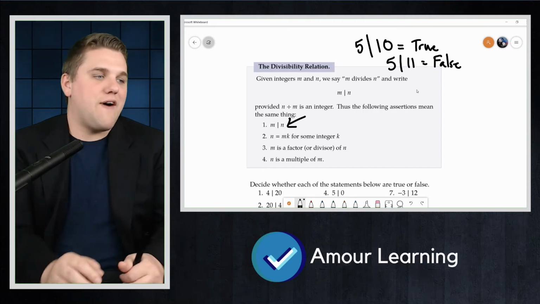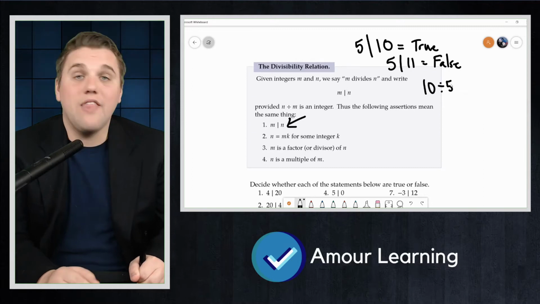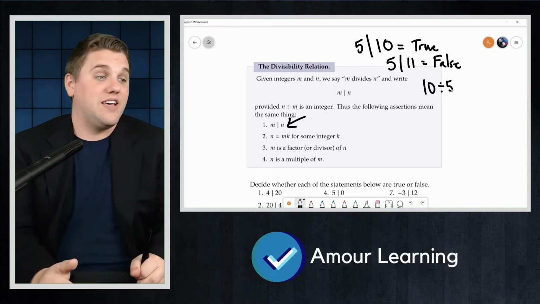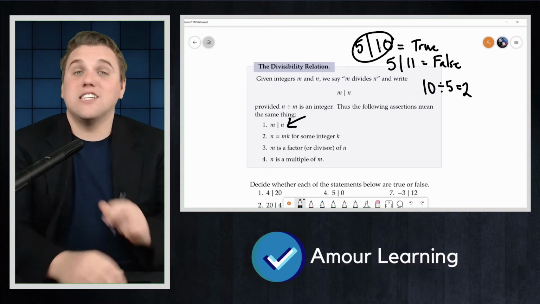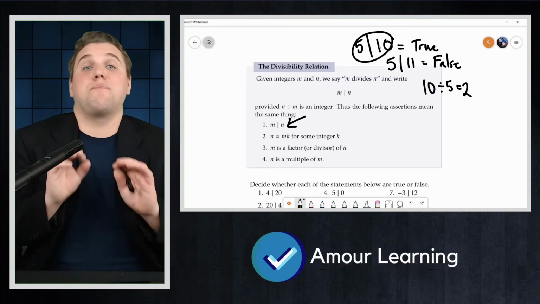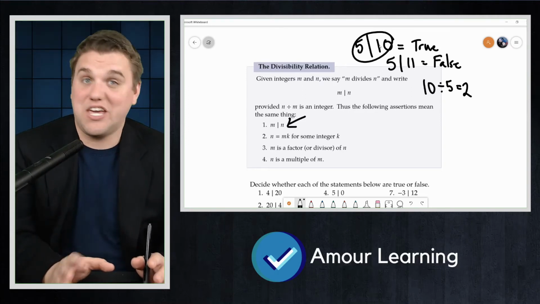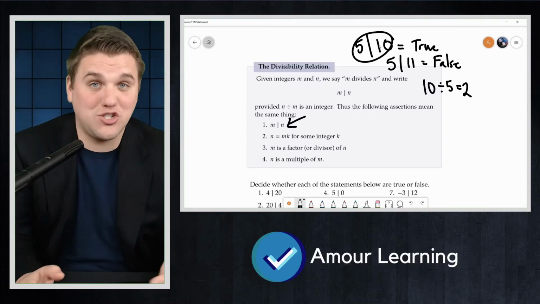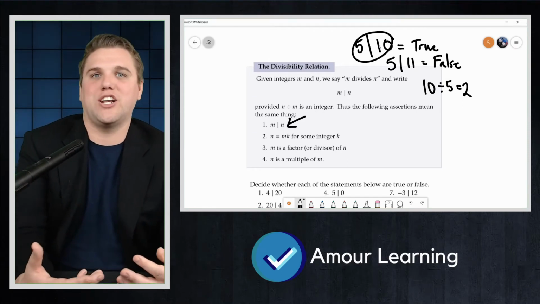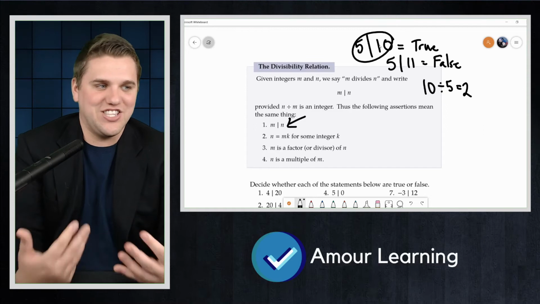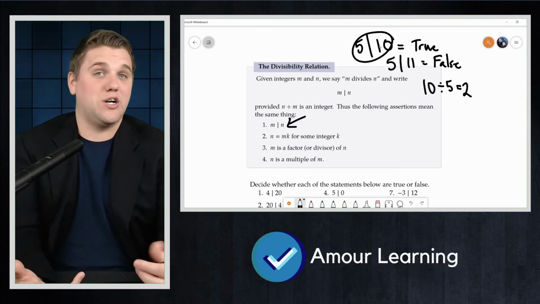If I said 10 divided by 5, that's not a true or false statement. That's just 2. But this right here is not 2. Do not replace 5 divides 10 with 2. Because 2 is not true or false, 2 is just an object. We don't identify whether that object is true or false because it's not a statement, it's a number.